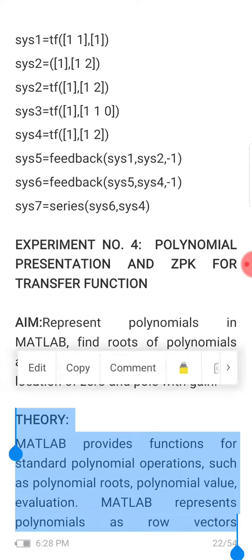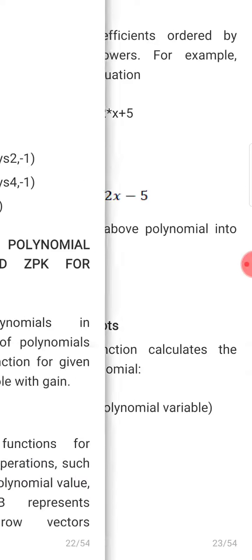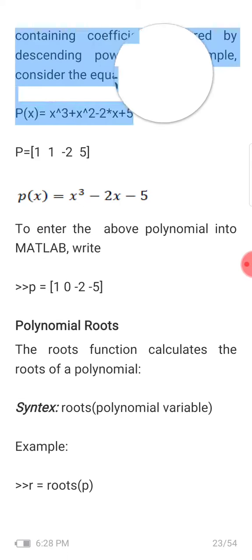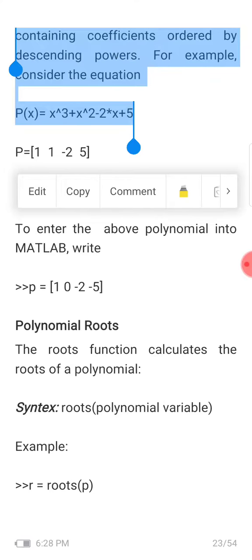MATLAB represents polynomials as row vectors containing coefficients ordered by descending powers. For example, consider the equation p(x) equal to x cube plus x square minus 2x plus 5. So you can see here this polynomial contains the values of x ordered by descending powers.